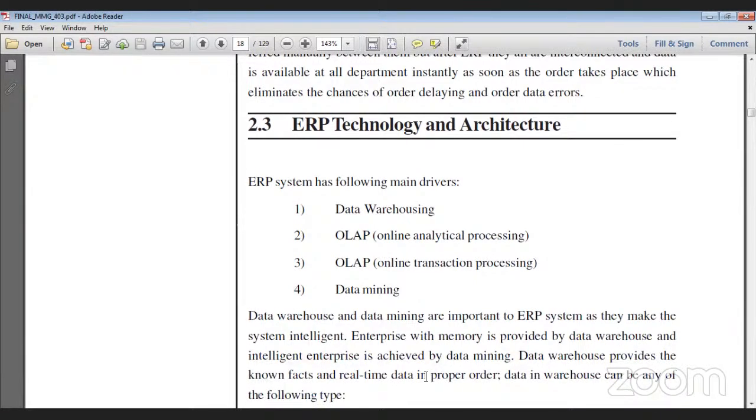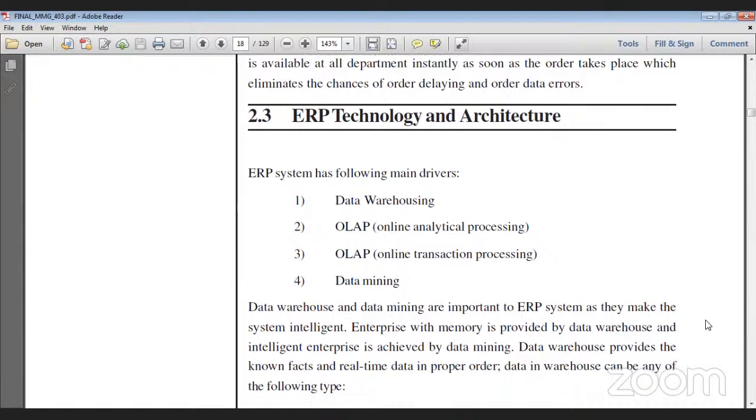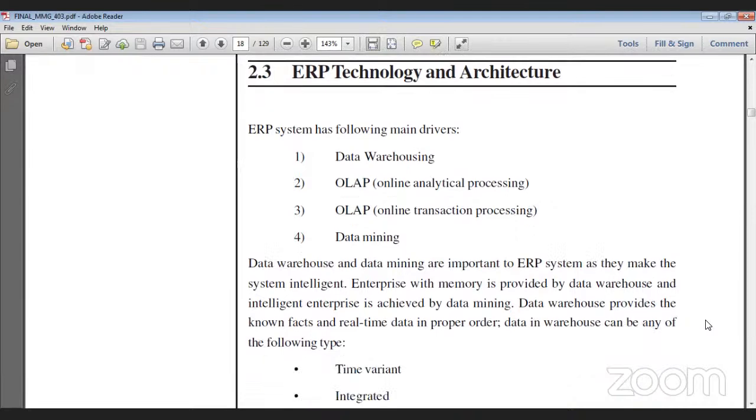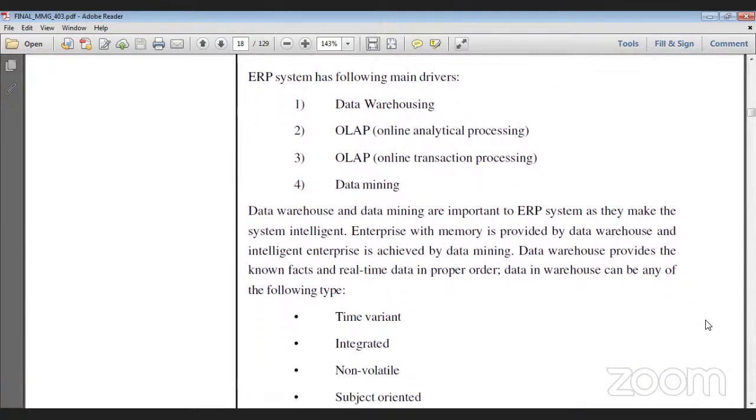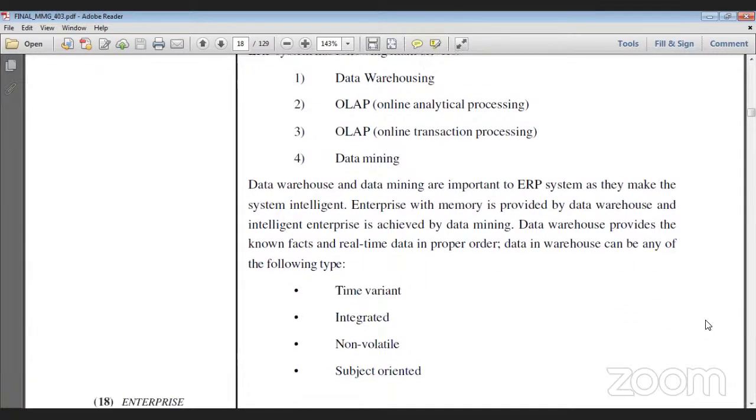The data warehouse provides the known facts and the real-time data in proper order, and data in the warehouse can be any of the following: time variant, integrated, non-volatile, subject oriented.